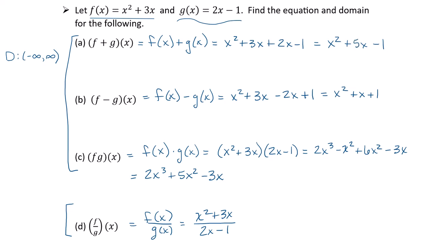Here, if we had an x value of 1/2, that would cause our denominator to be 0. So we exclude the value of 1/2 from the inputs. The domain is going to be negative infinity to 1/2 with the parenthesis, union 1/2 to positive infinity.